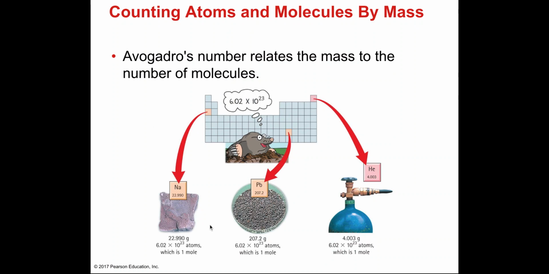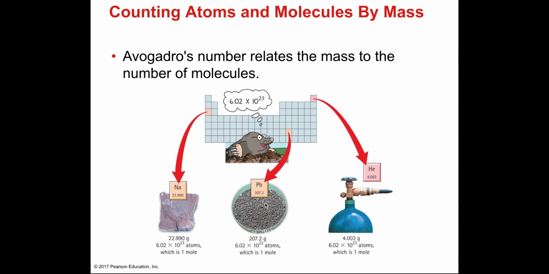So just look at the various elements right here. This element here is sodium. This is a piece of sodium, and it weighs 22.99 grams. This 22.99 grams contains a certain number of sodium atoms, which is 6.02 times 10 to the 23rd. So if I weigh 22.99 grams of sodium, what I have indirectly done is count 6.02 times 10 to the 23rd atoms.